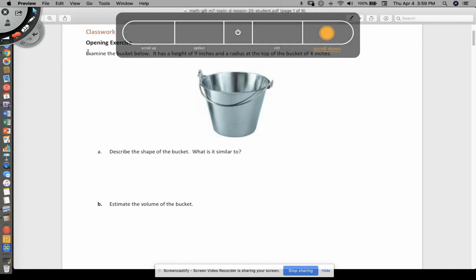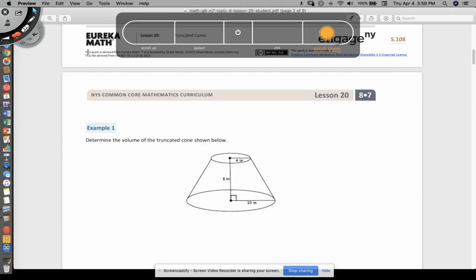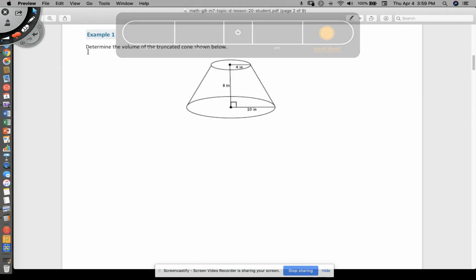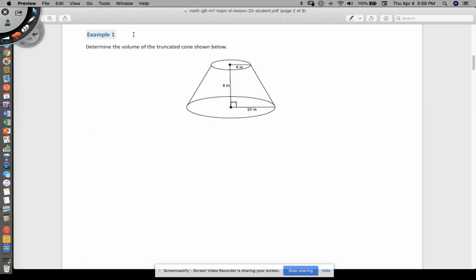All right, let's look at example 1. Now we have a truncated cone, and what you want to do is go ahead and make the cone. I'm going to make the cone by extending out a length for this side and this side, and then connecting it with a right angle here. So I make 2 triangles, one small triangle, one larger triangle.